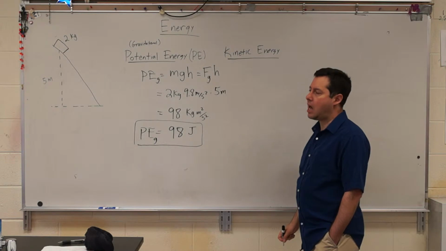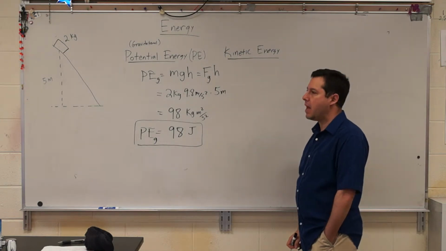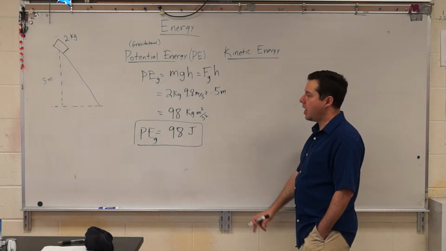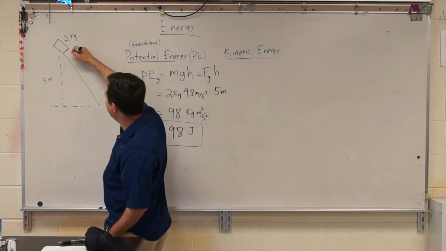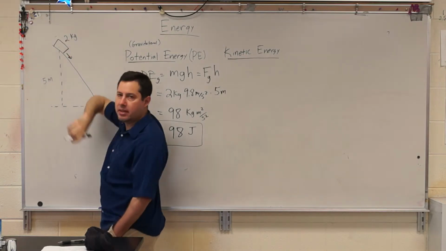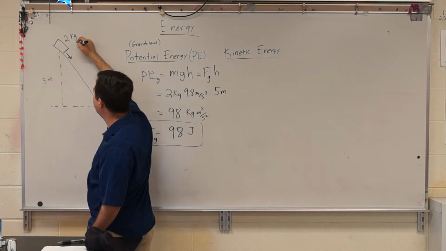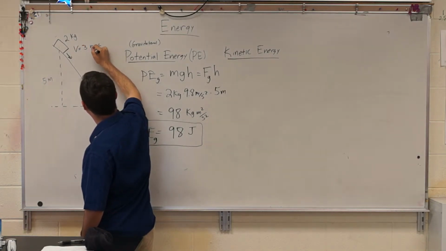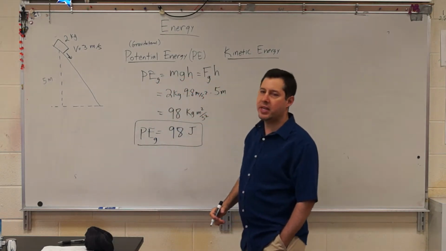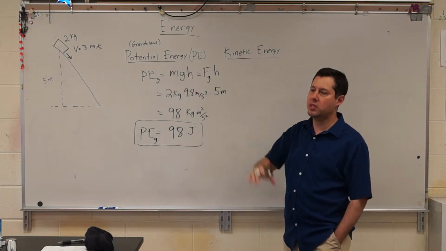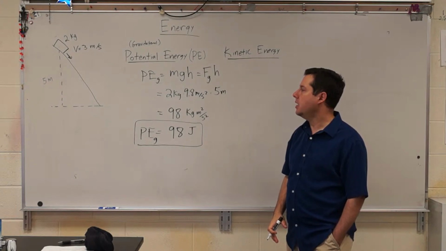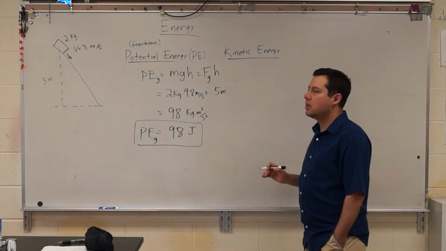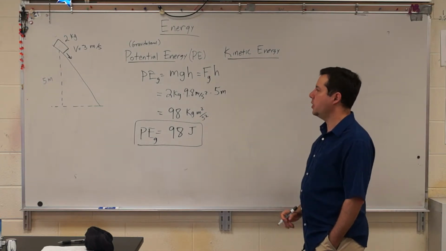Now let's take that same box, and it doesn't really matter how fast, if it was moving at all when we hit that point. But I'm going to say, for example, that it is sliding down here, and at that point that we have measured 5 meters above the ground, its velocity is 3 meters per second. So we basically took a snapshot of the box when it was sliding down the incline, and the velocity does not affect the gravitational potential energy, because we know that energy related to motion is going to be kinetic energy.